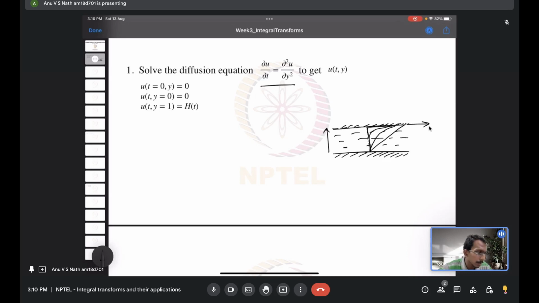So this vertical distance is measured as y, and horizontal distance is x, but it will not appear in the problem because we assume the flow is fully developed in the x direction, and this is just the velocity profile plotted with y at various, increasing times.